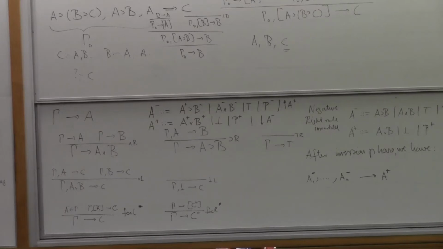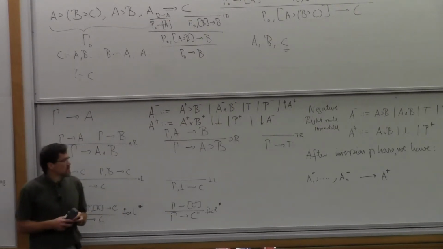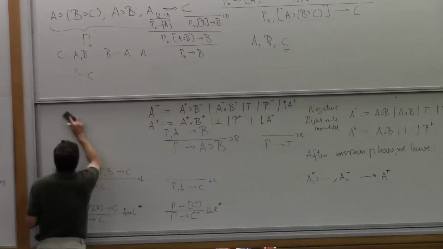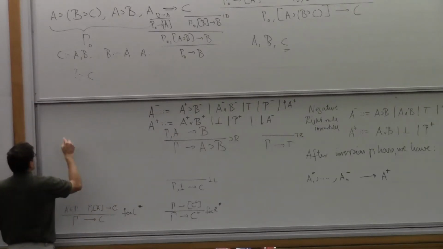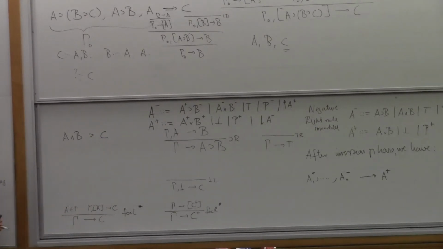Now, when you're given a formula to begin with, there are different ways to put shifts in it to make it work out. So for example, if I have a formula that says A and B implies C, what is this formula, positive or negative? Negative, okay.